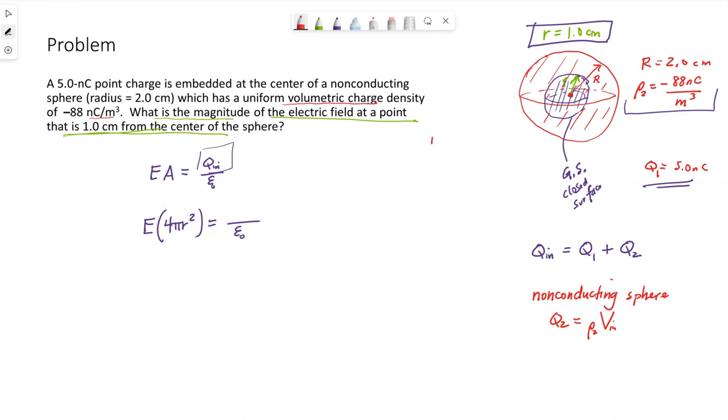Because remember, charge density is charge per volume, whether that's total charge over total volume or a charge within a certain portion divided by the volume of that certain portion. It's the same because it's a uniform charge density. We know rho 2, the charge density that was given.